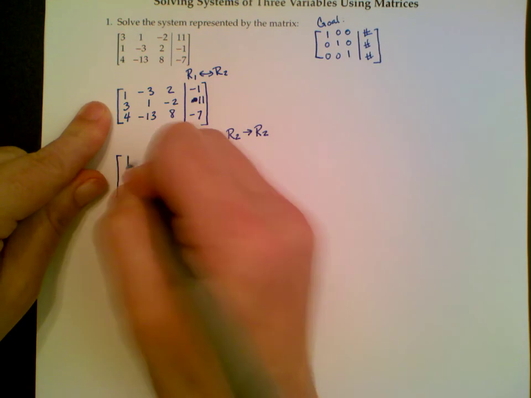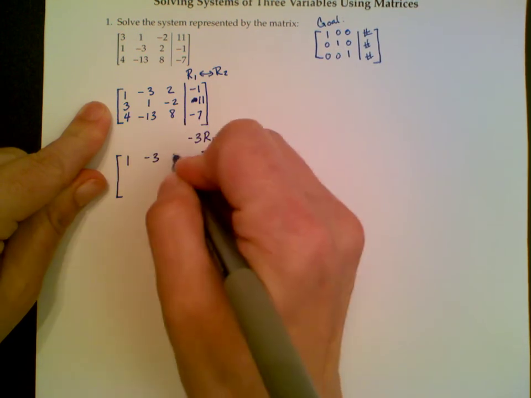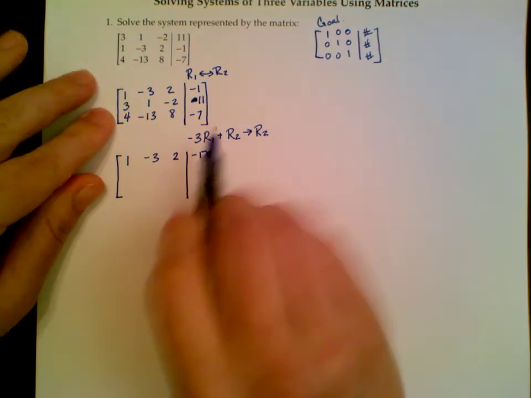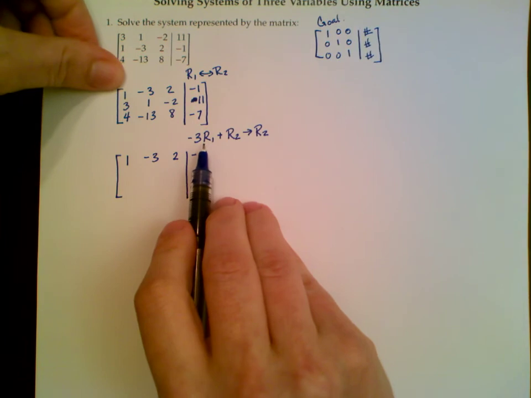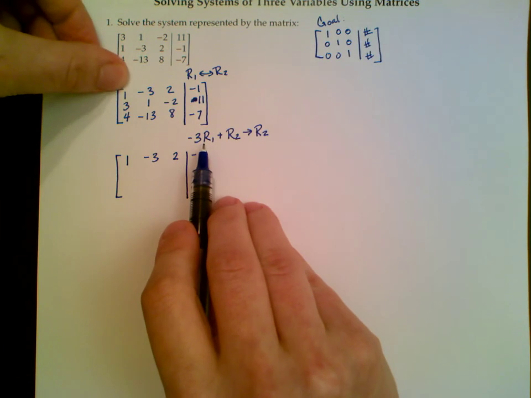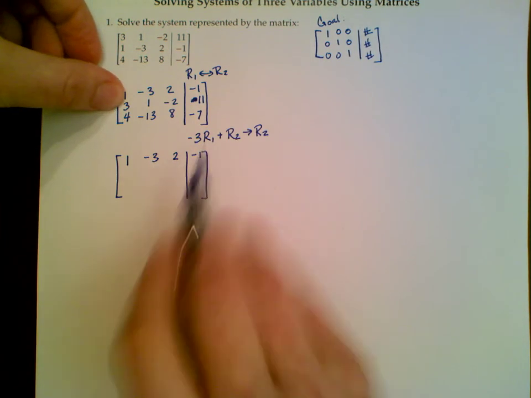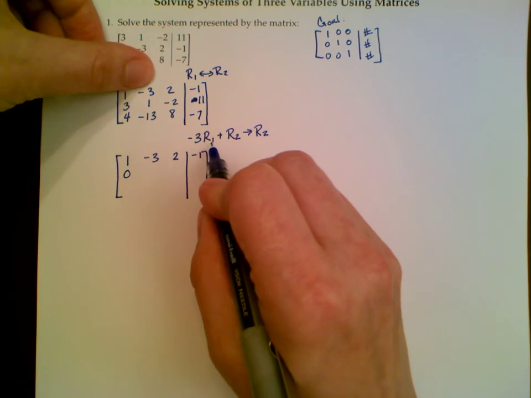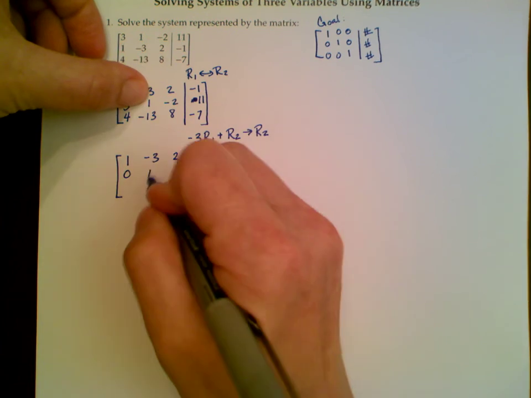First, I'm going to recopy my first row. Now, I'm going to perform the row operation. So negative 3 times 1 is negative 3, plus 3 is 0. Negative 3 times negative 3 is positive 9, plus 1 is 10.